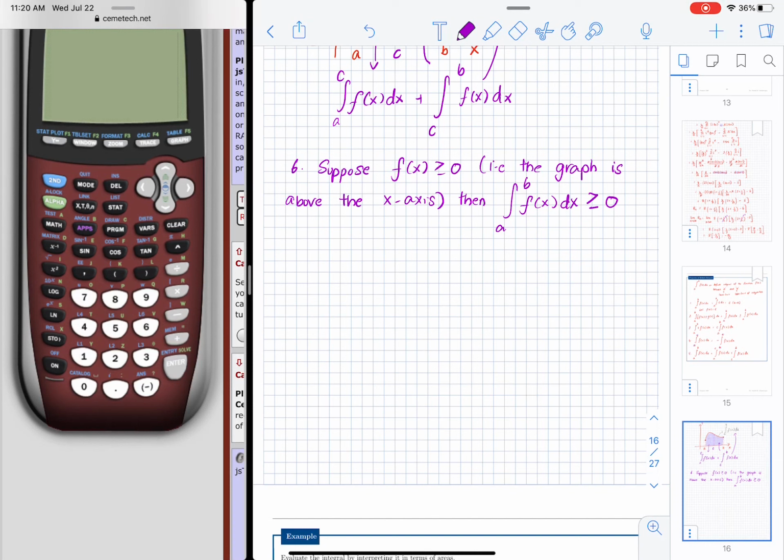So if it is above the x-axis, it has to be greater than or equal to 0. Now that only works because the function is bigger than 0 for all values of x, and we have to make sure that a is less than or equal to x and less than or equal to b.